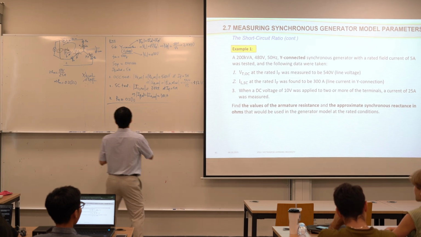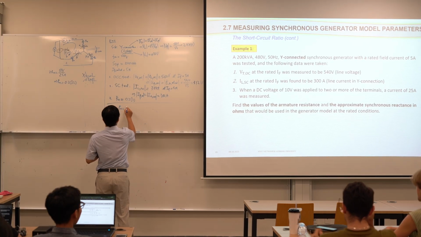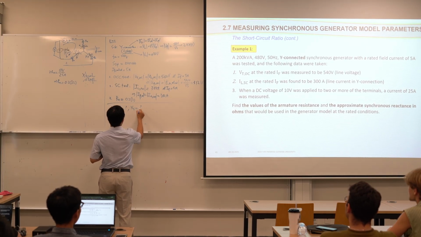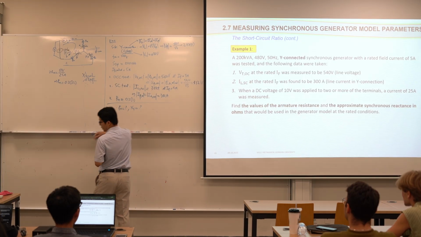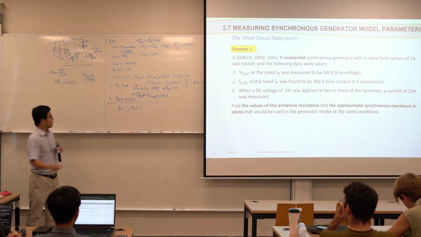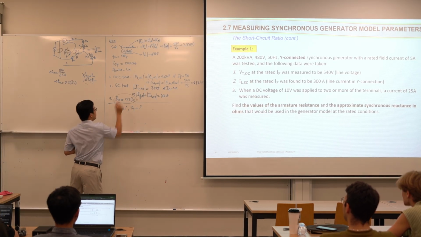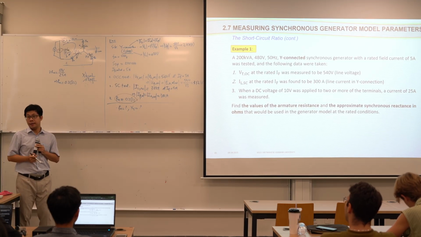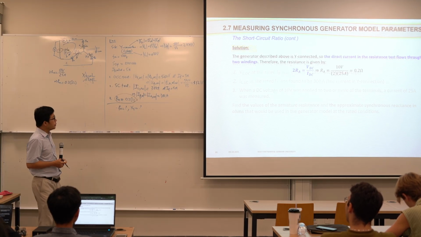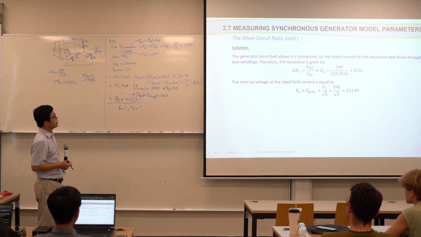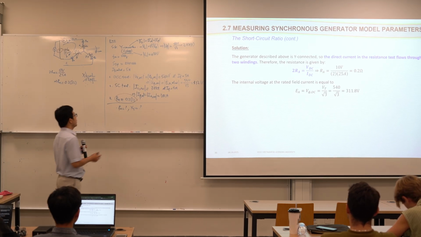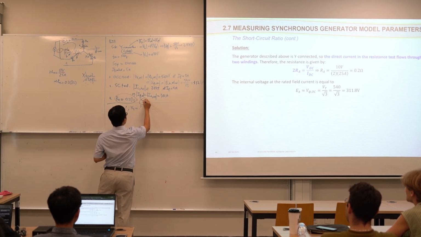So they require us to calculate RA and XS. We already got RA. Now we double check. Yes, correct.